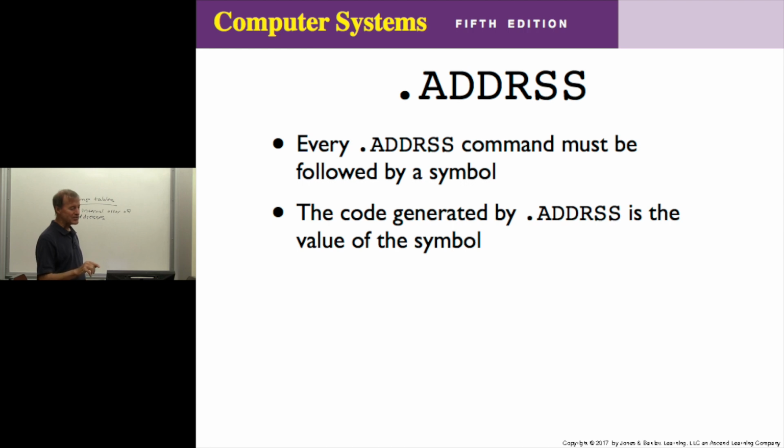Every dot address command must be followed by a symbol. So that's the requirement of that dot command. And what code gets generated? The code generated by dot address is the value of the symbol.